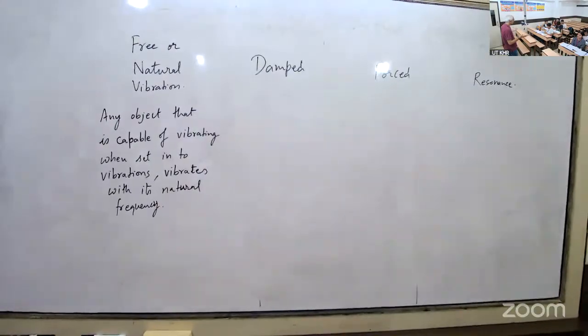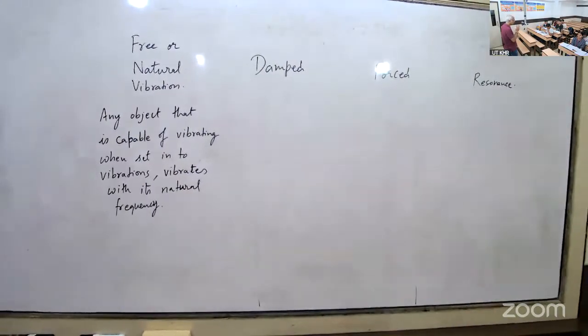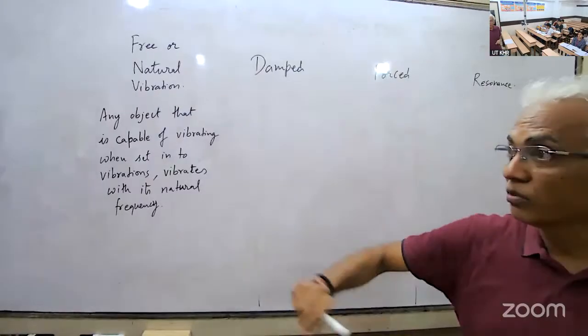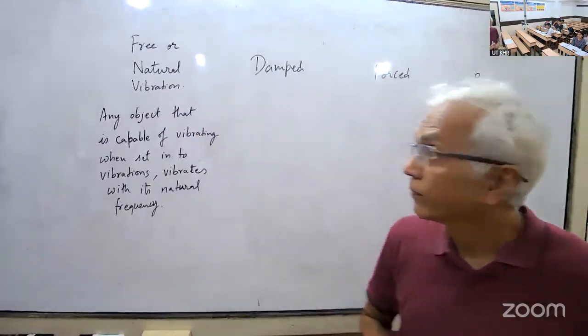Why is it so? Because the frequency of your vocal cord is unique to you. Your vocal cord vibrates with a unique frequency. So if it is electrically measured, you will get the same number whenever you are speaking. Is that clear? So that is natural vibration for any given object.